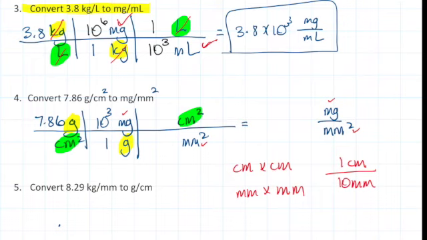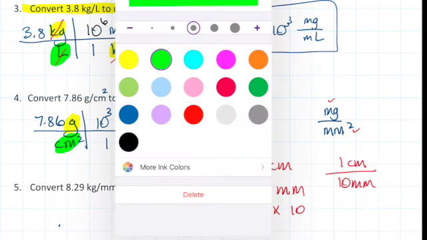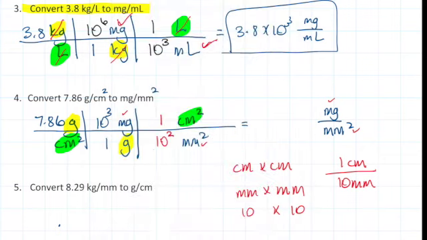So instead of writing just 10, I'm going to write 10 squared, because it's 10 times 10 to make millimeters squared. 1 times 1 centimeter squared, I can write 1 squared if I want, but we all know 1 squared is 1, so let's not. So the big, huge difference here, and this is something you may not have seen yet, is when this is squared, whatever your conversion factor is, it has to be squared.